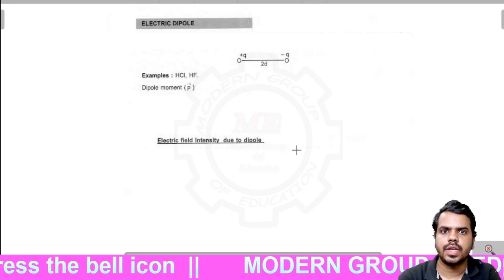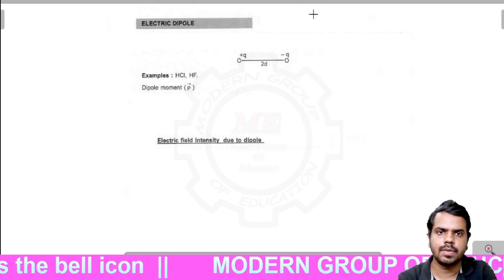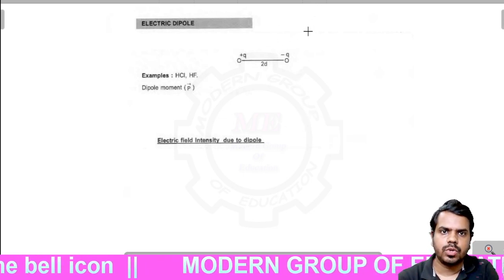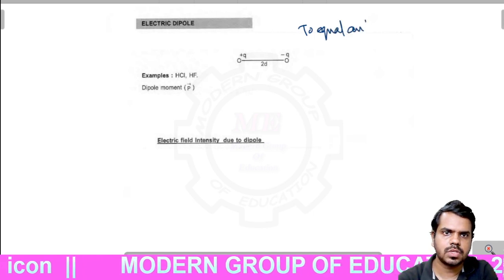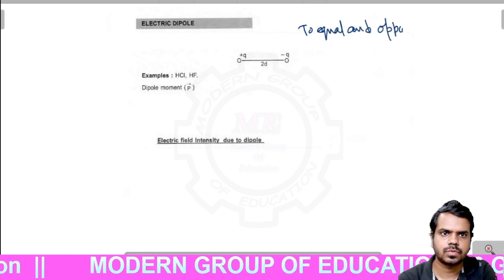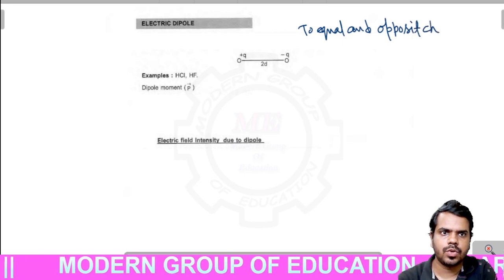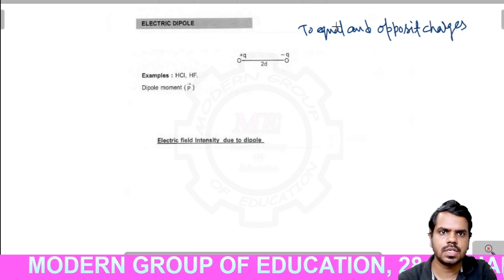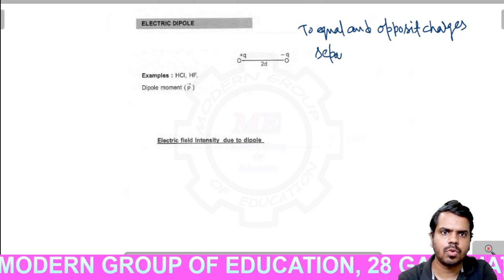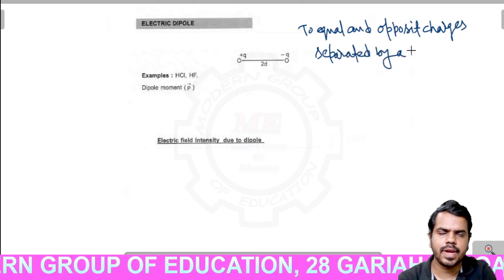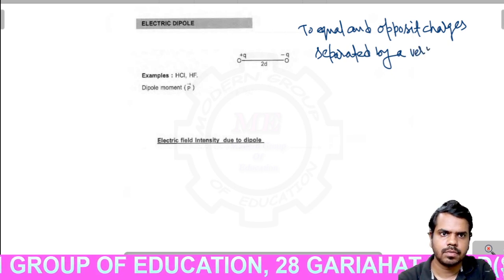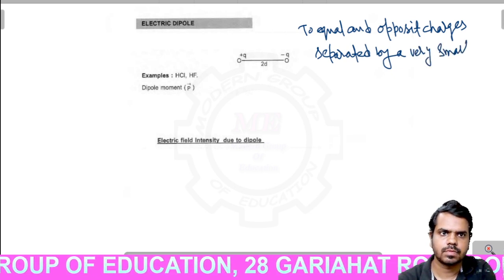Okay, so electric dipole means two equal and opposite charges separated by a very small distance.